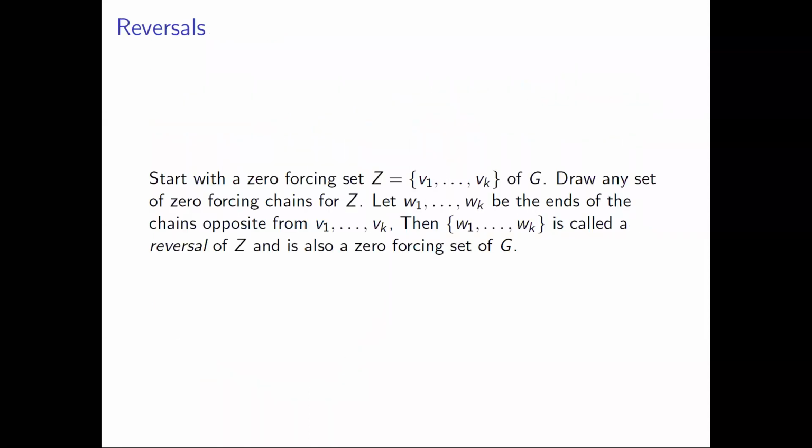Another useful tool is the reversal. So we can start with a zero forcing set, Z, with k elements, v1 up to vk. We can draw any set of zero forcing chains for Z, and we can let w1 up to wk be the ends of the chains that are opposite from v1 up to vk.